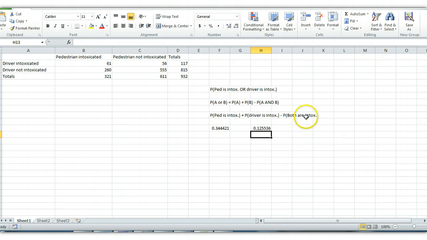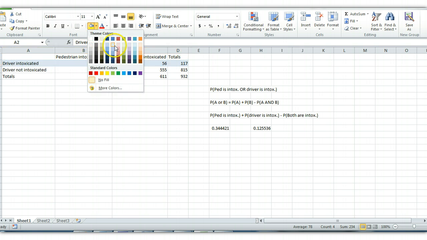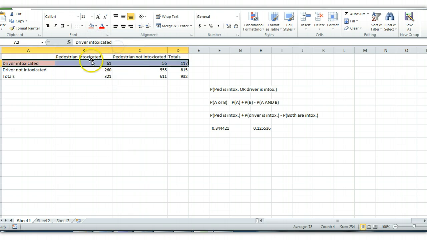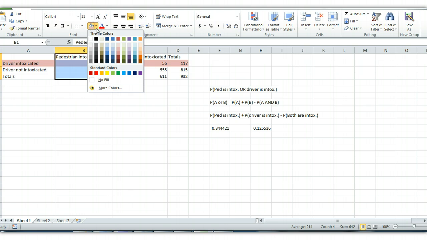And then both are intoxicated. For them to both be intoxicated, the driver has to be intoxicated, which is everything in this row, and I'm going to shade that red. And the pedestrian has to be intoxicated, which is everything in this column, and I would shade that, let's say, yellow.